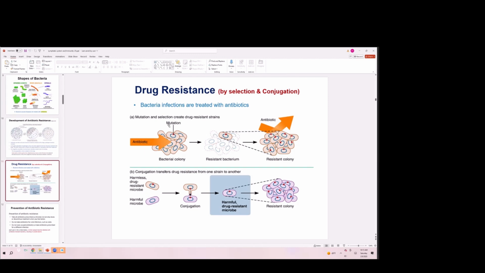The second way in which bacteria can become resistant to certain drugs is, let's say, remember some of these round things here are like the plasmids that I was telling you. Sometimes bacteria that are resistant to antibiotics don't cause us problems. Like when we take antibiotics, we swallow them. The bacteria in our stomach, some of them are just fine because they got used to it.